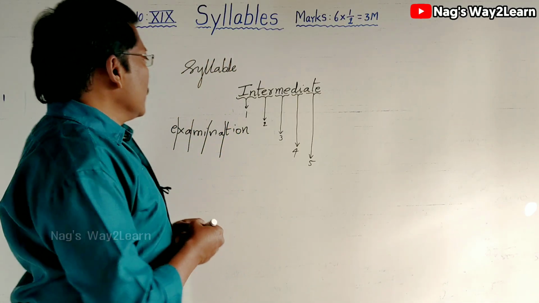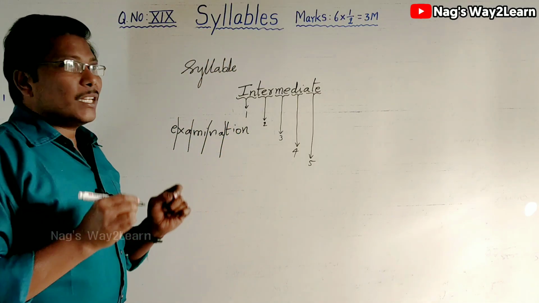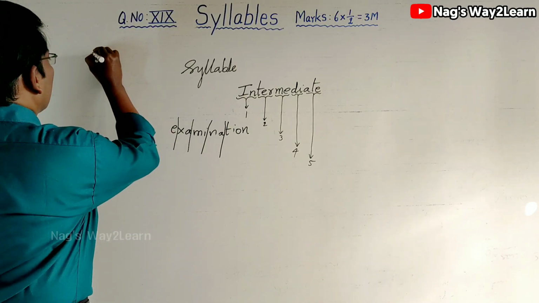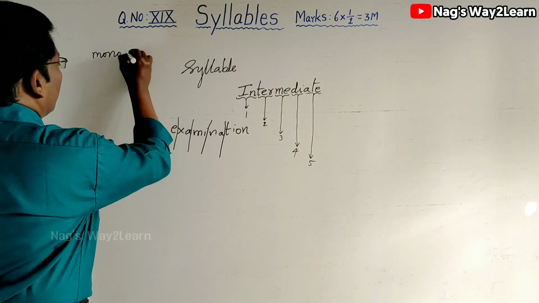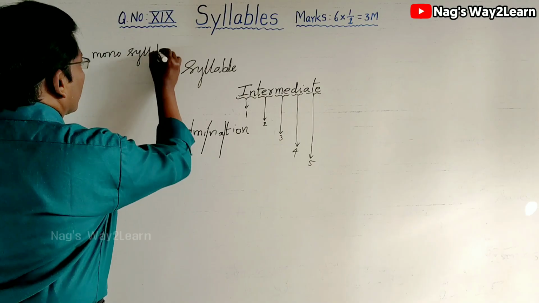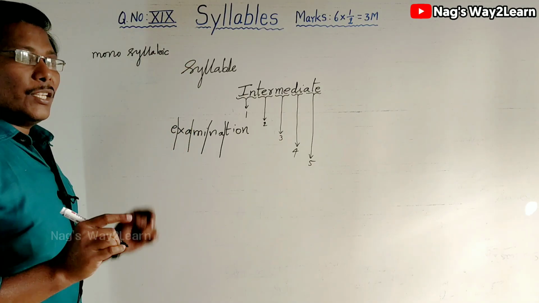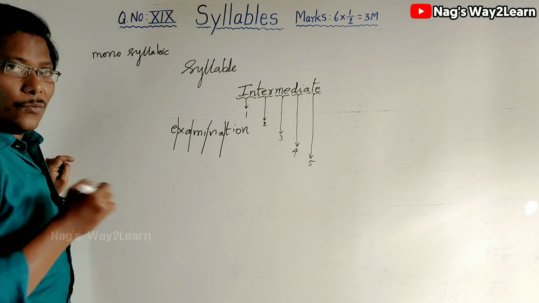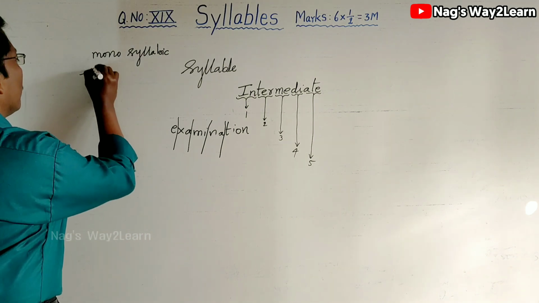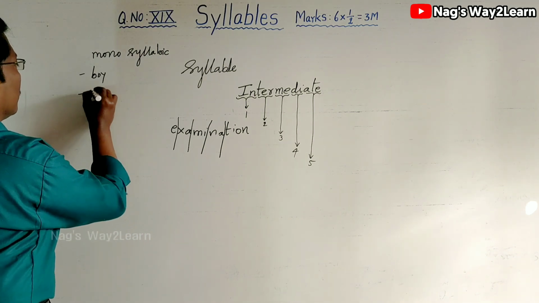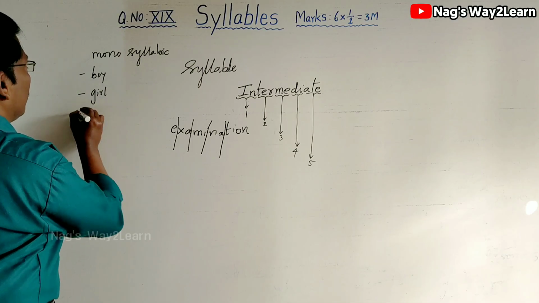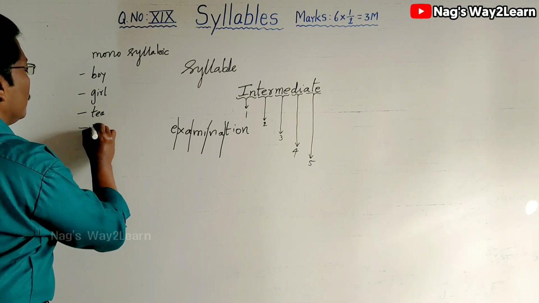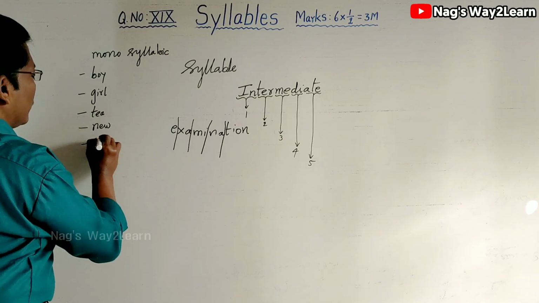And one more thing, if there is only one syllable in a word, that is called a monosyllabic word. For example, boy, girl, tea, new, and child.